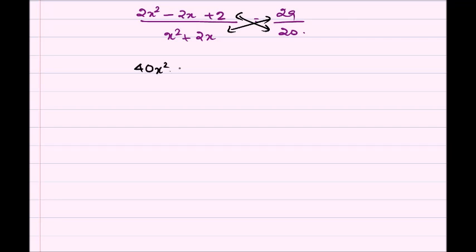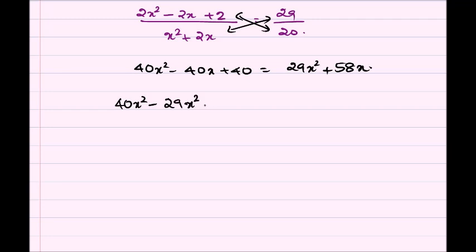40x square minus 40x minus 120 is equal to 29x square plus 58x, that is 40x square minus 29x square minus 40x minus 58x minus 120 is equal to 0.